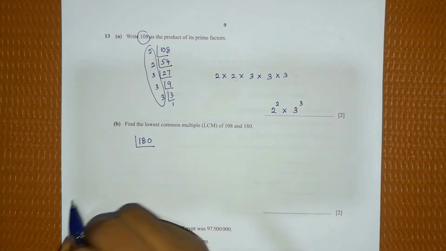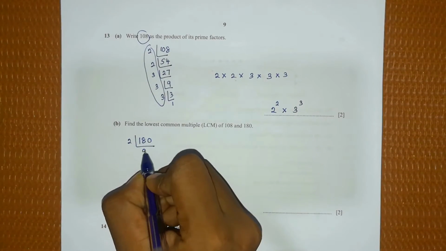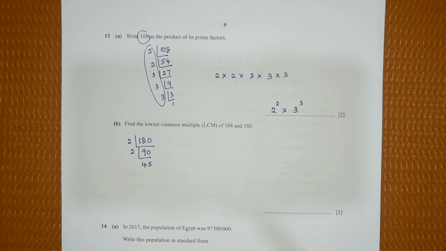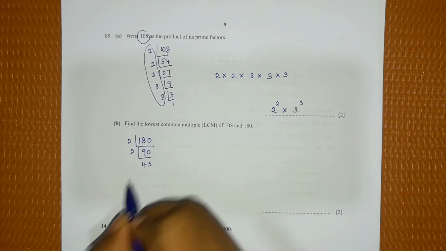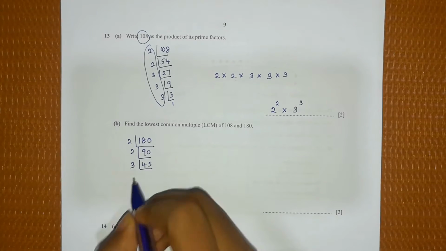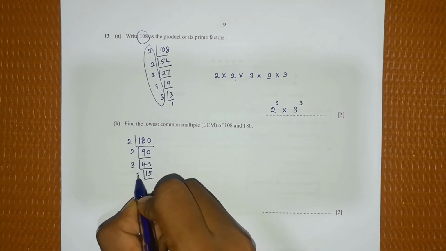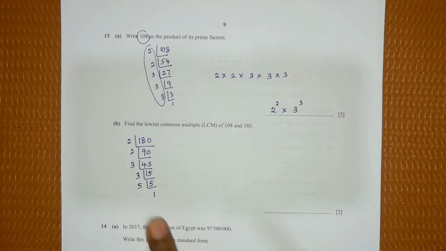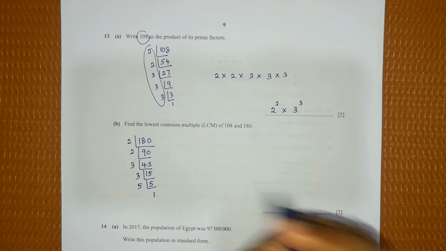So 180 is divisible by 2, 90, again divisible by 2, 45, but 45 is not divisible by 2, that is divisible by 3, 15, 3, 5, 5, 1. Like the earlier case, we have to go till you get 1.